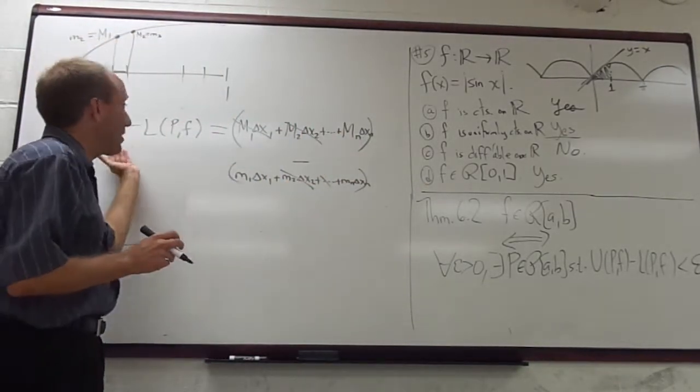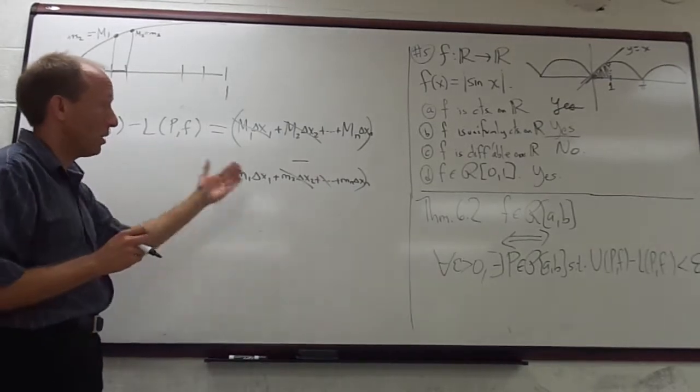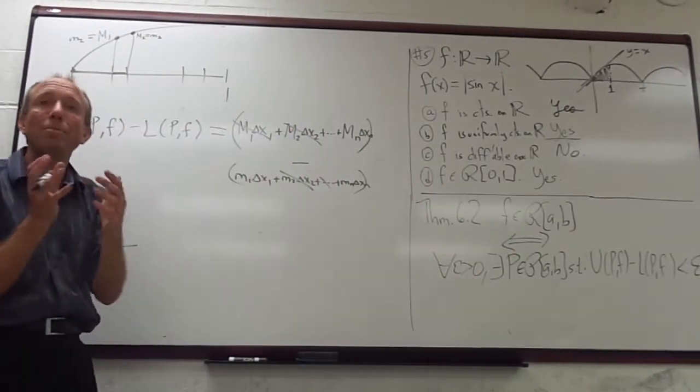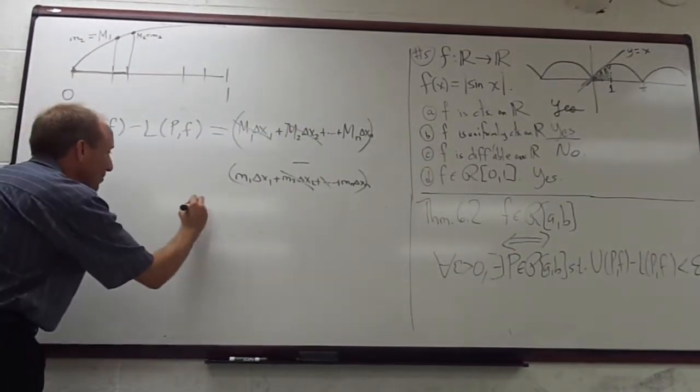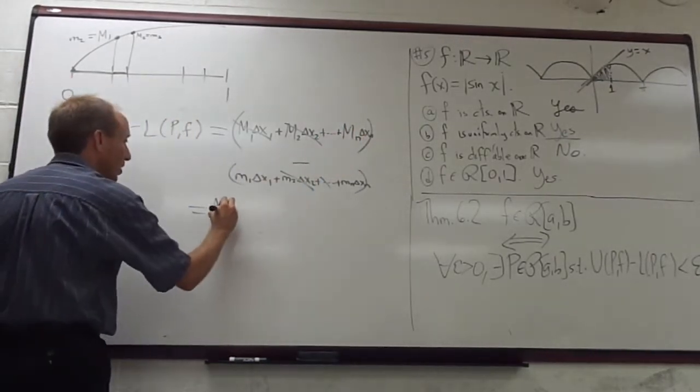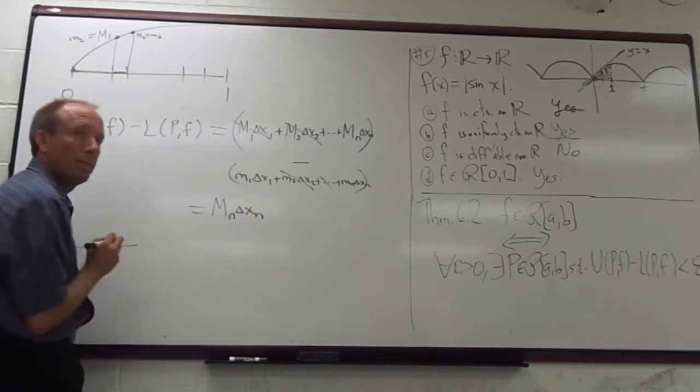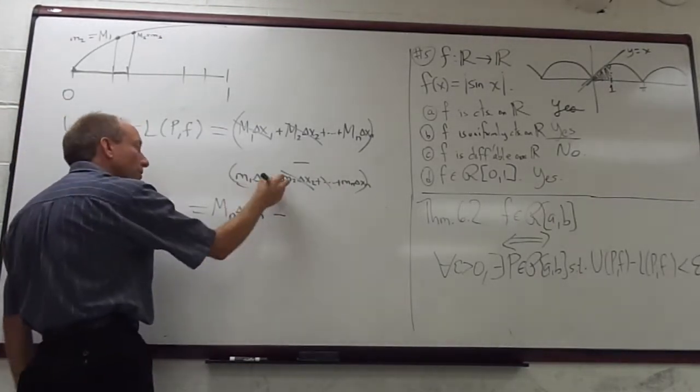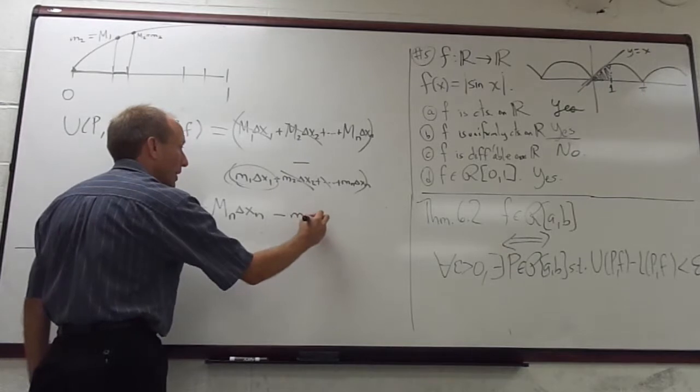So when you subtract them, which is what you want to do for this theorem, they cancel. The only thing that survives the calculation is the very biggest term at the far end, at the far right, minus the very first term right here, which looks like that.